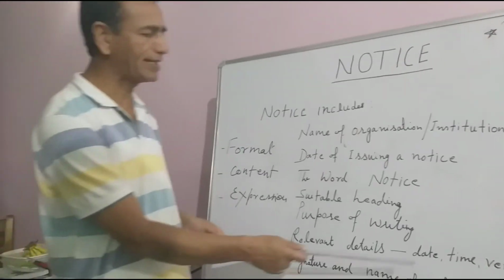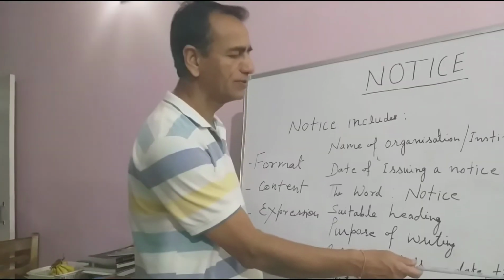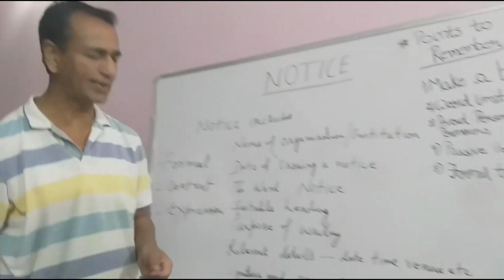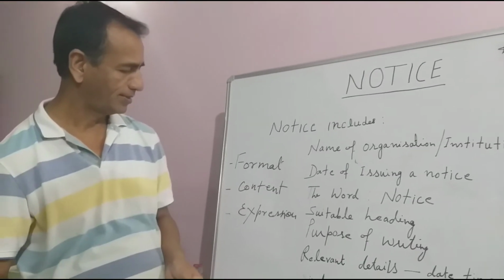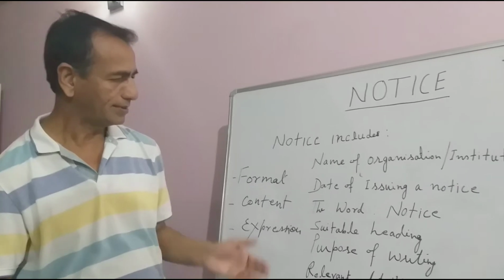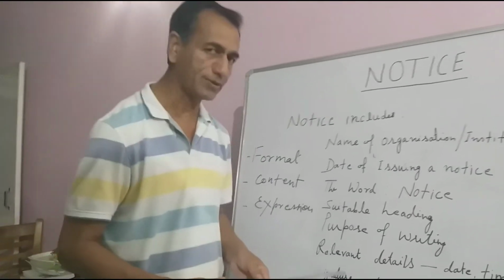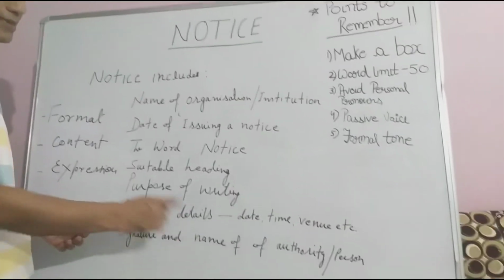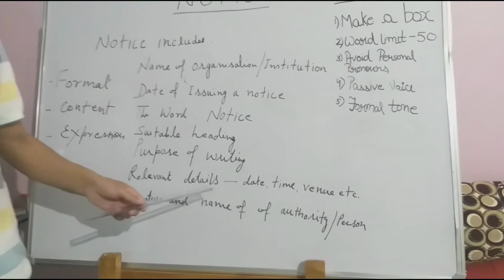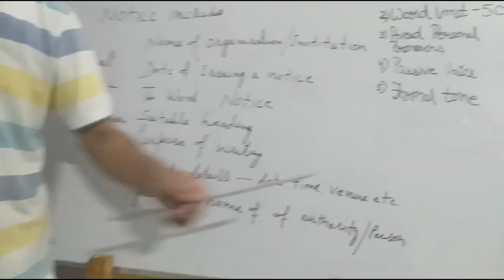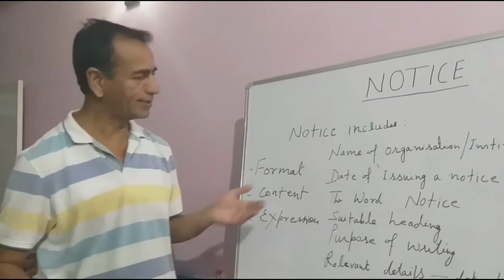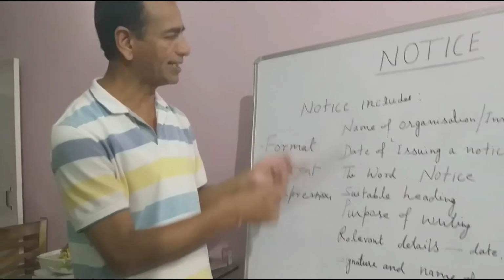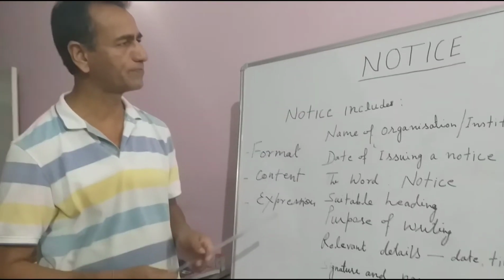So these three things, date, time, venue, have to be mentioned very precisely. Then the last important thing is signature and name of the person who is writing the notice, or the issuing authority. So in this way, these things are included in a notice.